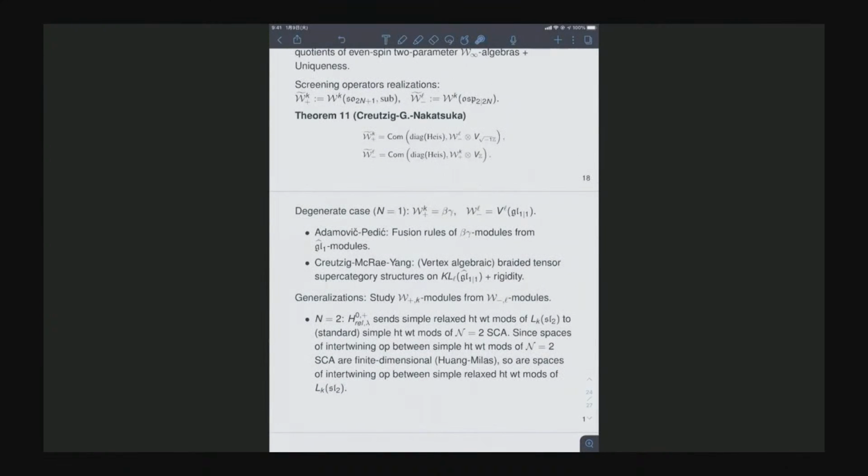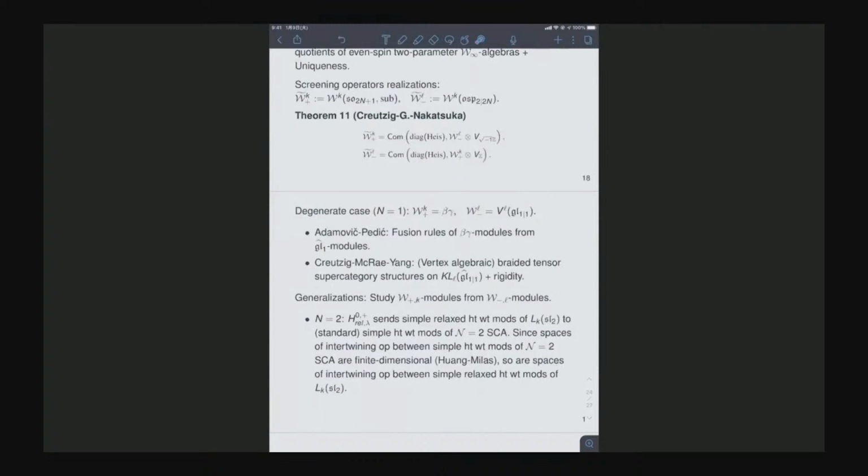So a further comment is on a degenerate case: n equal 1. The n equal 1 case is identified with W plus being the beta-gamma system and W minus being affine GL(1|1). And this duality is well studied.